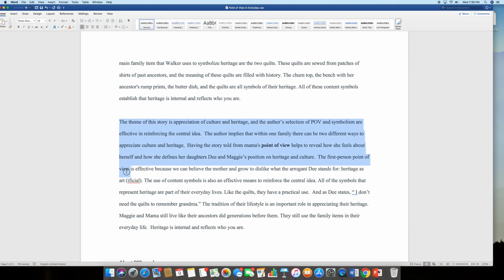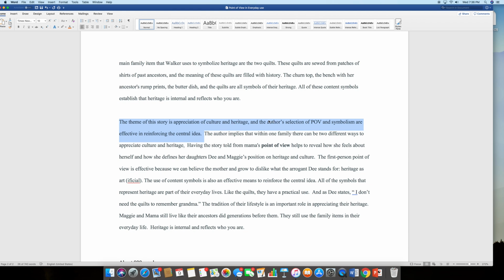Now we have to connect these to the central idea. Are they appropriate? Do they reinforce the central idea? Do they somehow shed some light on the central idea? So always, topic sentence. The theme of this story is appreciation of culture and heritage.